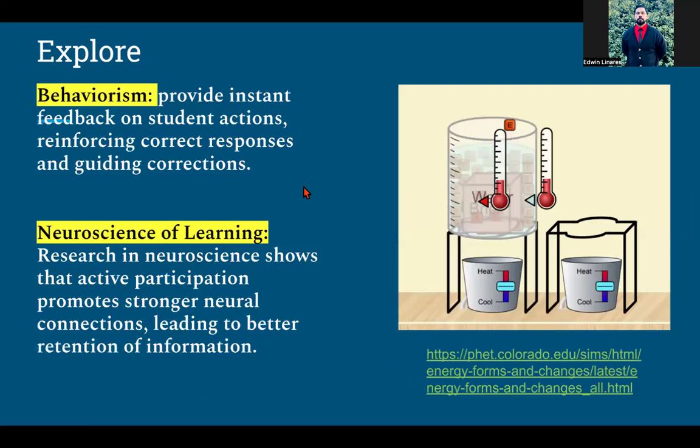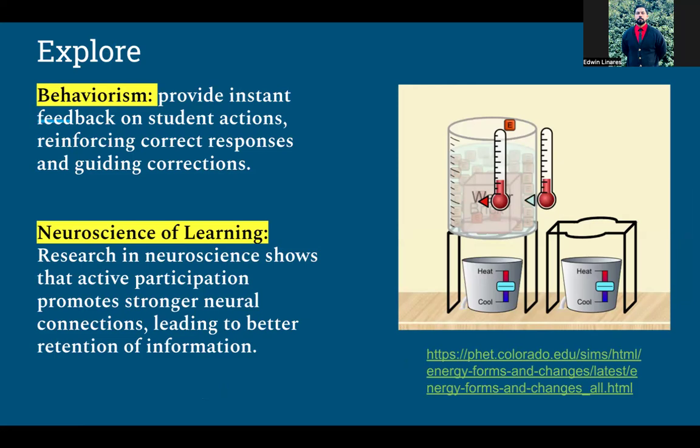During the explore phase, students will be engaging in a PhET lab simulation. So this simulation, this learning technological tool, involves two different theories.